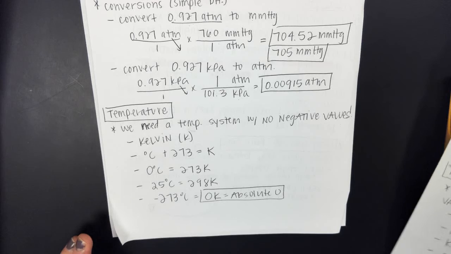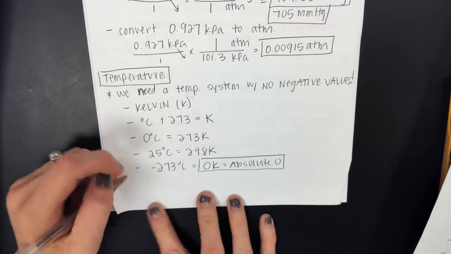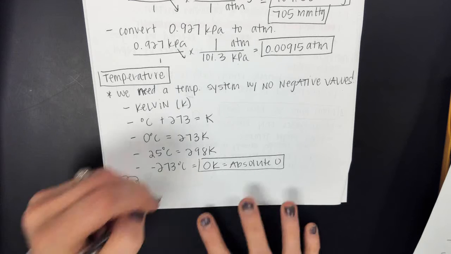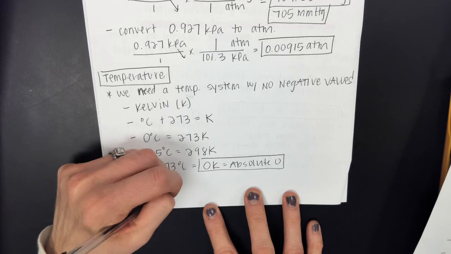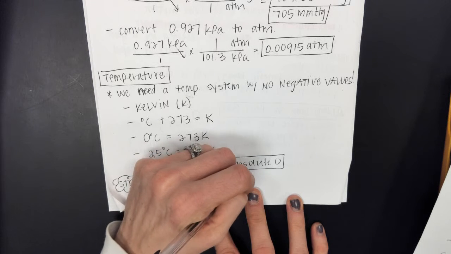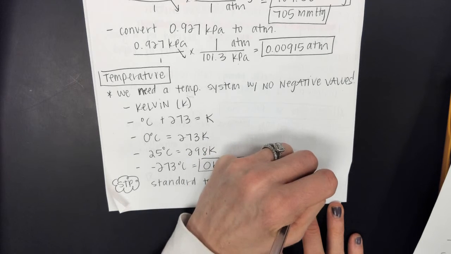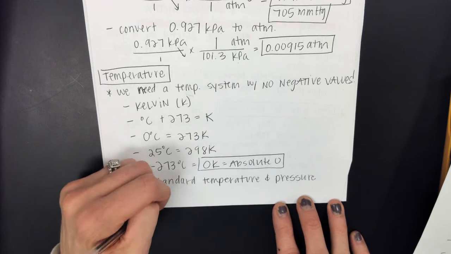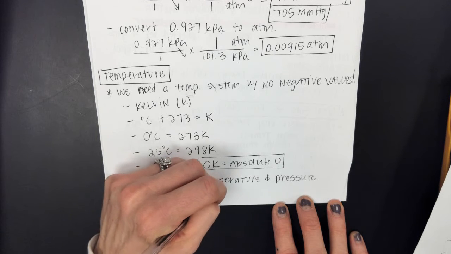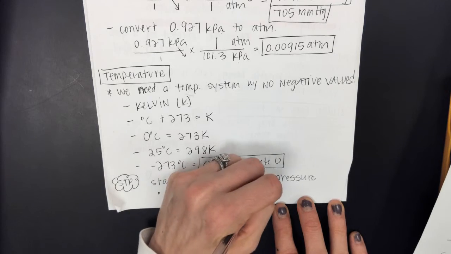Okay, the last thing that I'm going to have you jot down during this video notes is STP. STP stands for Standard Temperature and Pressure. And you need to know that that is 0 degrees Celsius, so 273 Kelvin, and 1 ATM.